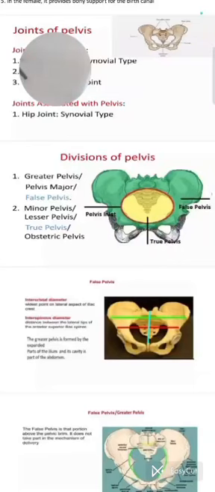The true pelvis is for the obstetric function, so it is also termed the obstetric pelvis. So the two major divisions of the pelvis are the greater pelvis and the lesser pelvis. The greater pelvis is also known as the false pelvis, and the lesser pelvis is also known as the true pelvis or obstetric pelvis because of the obstetric reason.